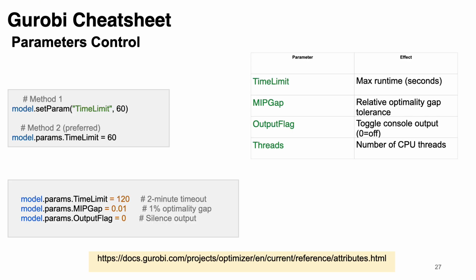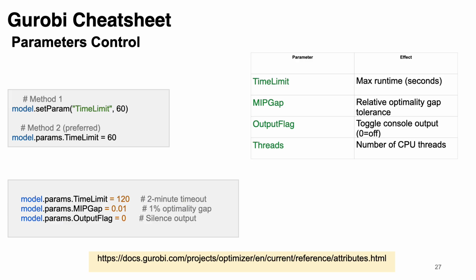Sometimes you need to guide the solver's behavior using parameters. On this slide, we see the most common controls. The time limit parameter is vital for real-time systems. For example, setting it to 120 ensures the solver won't take more than 2 minutes to find an answer. The MIP gap allows you to stop the solver early if it finds a solution within, say, 1% of the theoretical optimum, which is often enough for large-scale industrial problems.